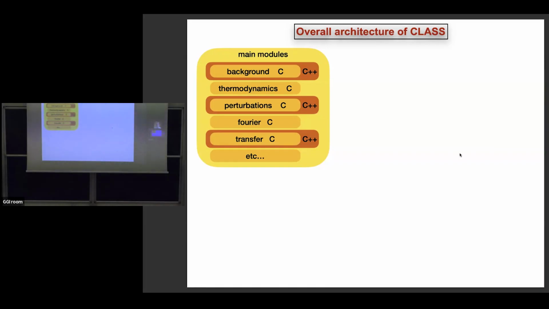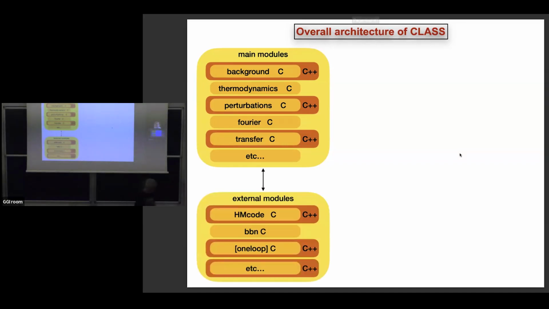Okay, so in the main modules, we put the tasks of a typical Einstein-Boltzmann solver. And sometimes there are auxiliary tasks on which we consider that maybe we are not specialists, or these tasks are really independent from the rest. And then we put them in another directory, which contains the external modules. So I give here only a few examples because there must be something like 10 external modules.